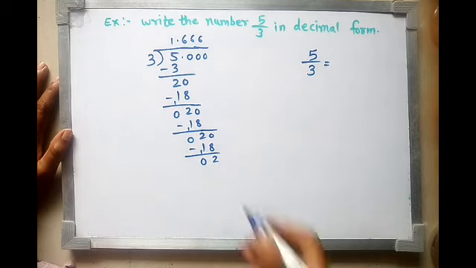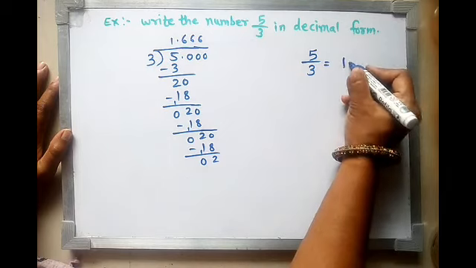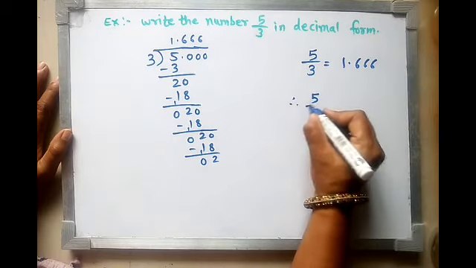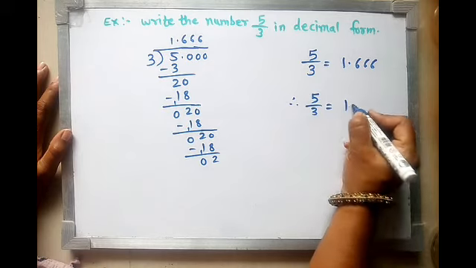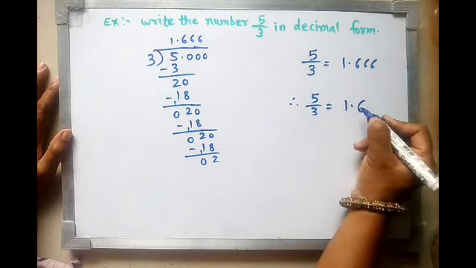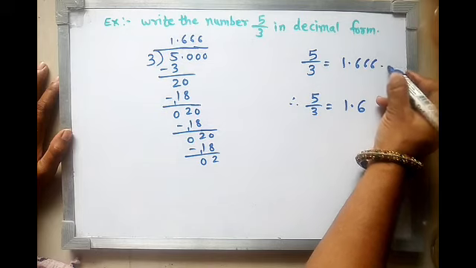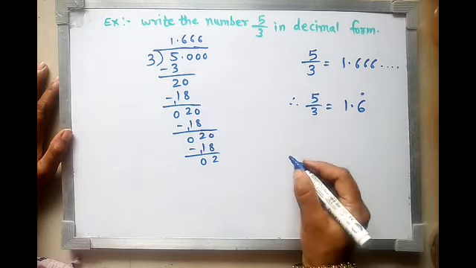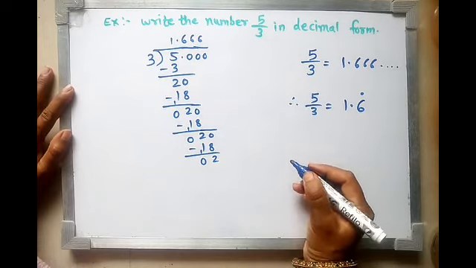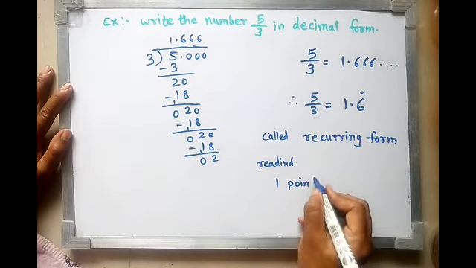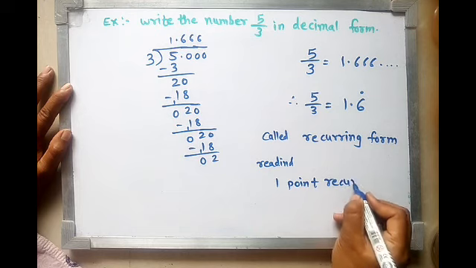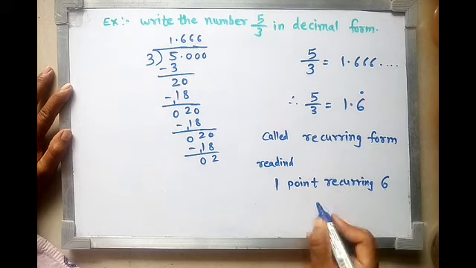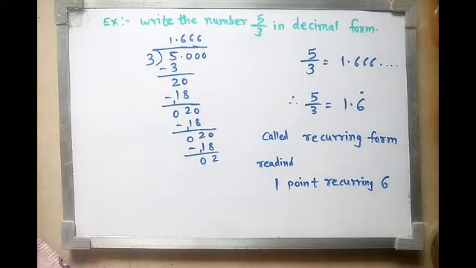I stop division. If in a decimal fraction a single digit occurs repeatedly on the right of the decimal point, we put a point above it as shown here, 1.6 with a dot. We call this recurring form and read it as 1 point recurring 6.